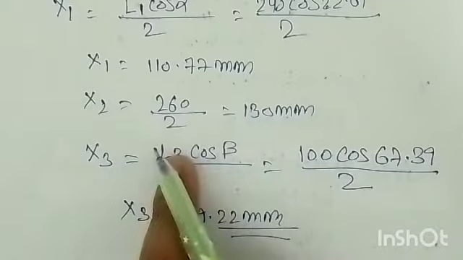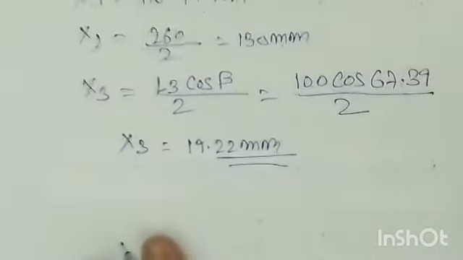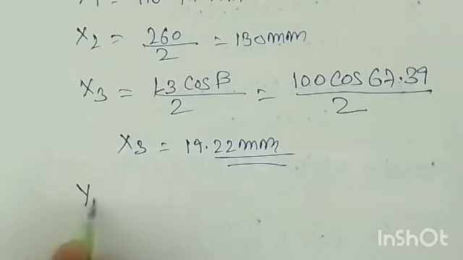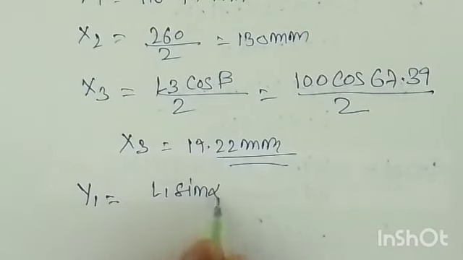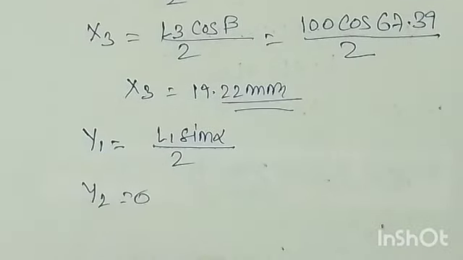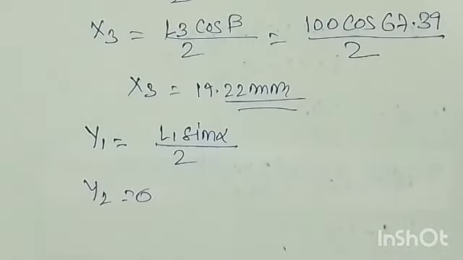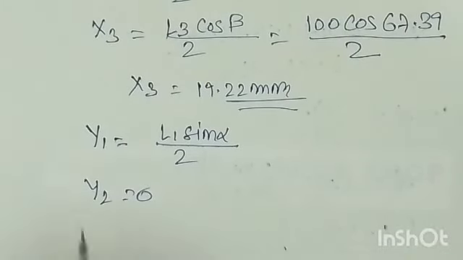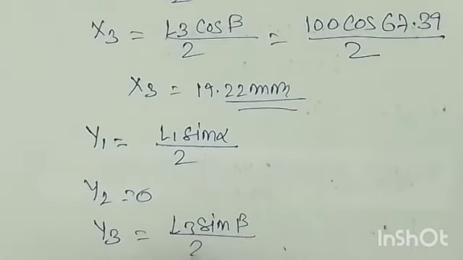For y3, it is L3 sine beta by 2. So y1 is equal to L1 sine alpha by 2, y2 is equal to 0 because BC is kept horizontal, and y3 is equal to L3 sine beta by 2, right?